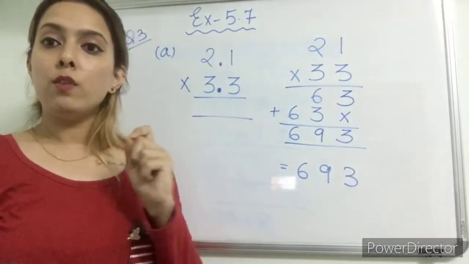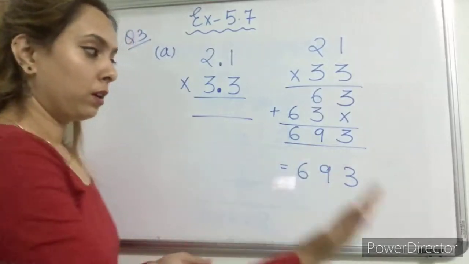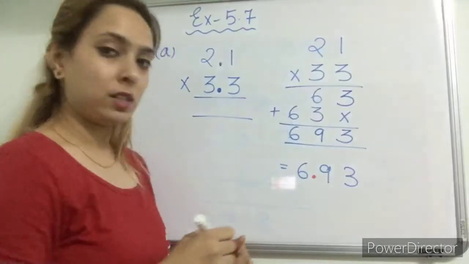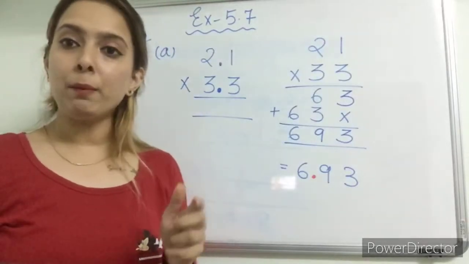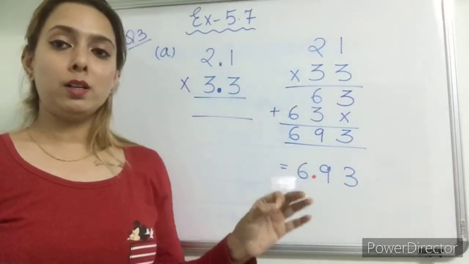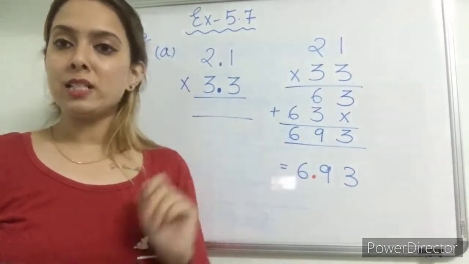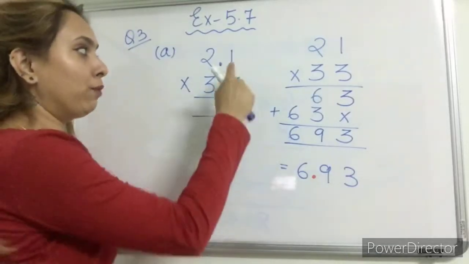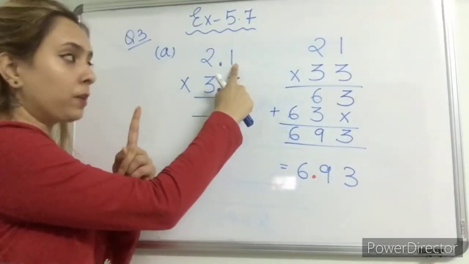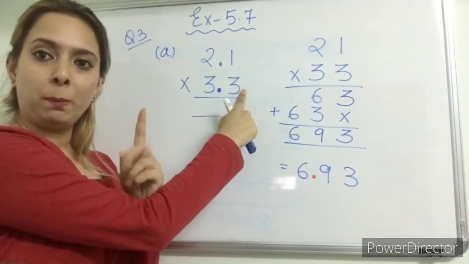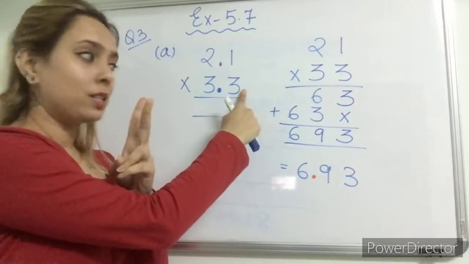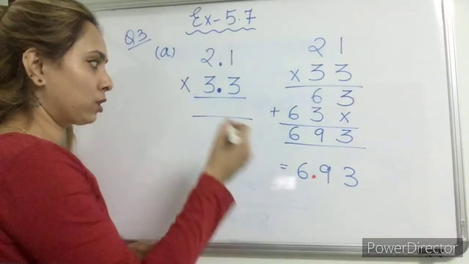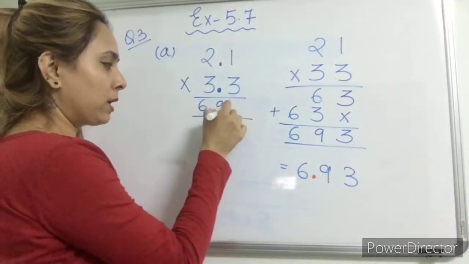It means you will put the decimal before 2 numbers: 6.93. Again I am repeating, if both the numbers are decimal numbers, you will count the decimal places. Here we have one decimal place, and here also we have one decimal place. So 1 plus 1 is 2. We will put the point like this. So the answer for this is 6.93.